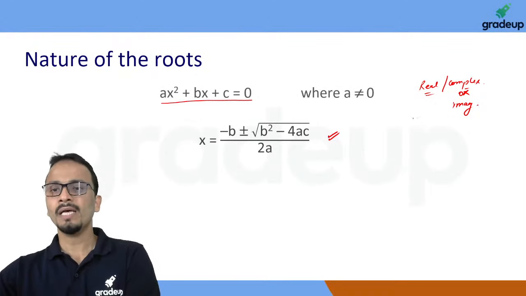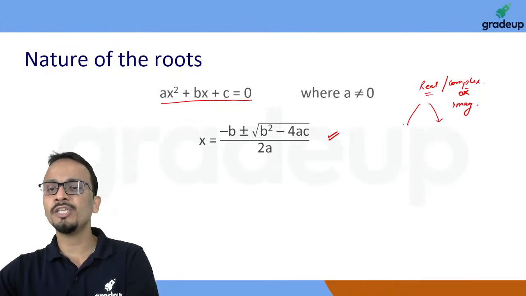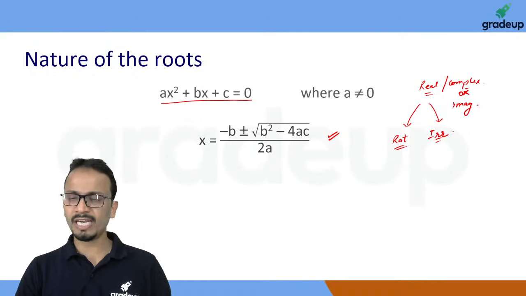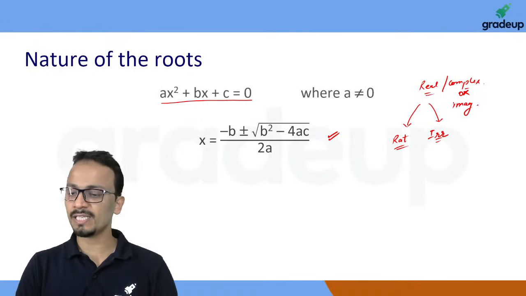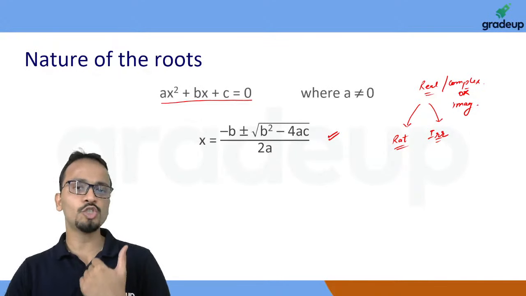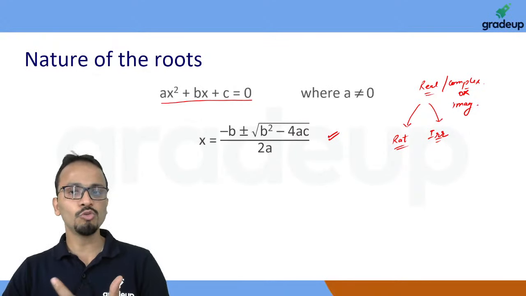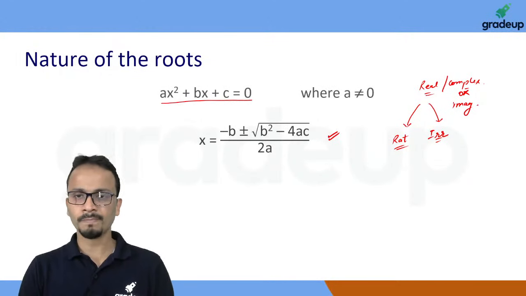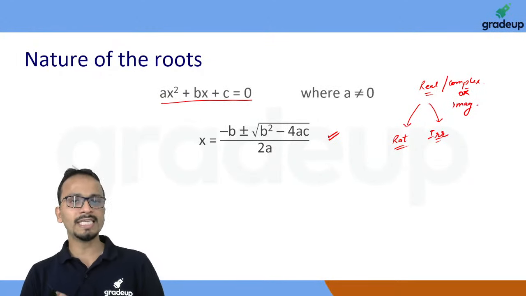Other than these, the real numbers can be classified in two categories: rational numbers and irrational numbers. I'm not going to discuss all these things. I'll tell you a source which you can use to get a proper understanding of all of this. Towards the end of this lecture, I'll tell you about that.